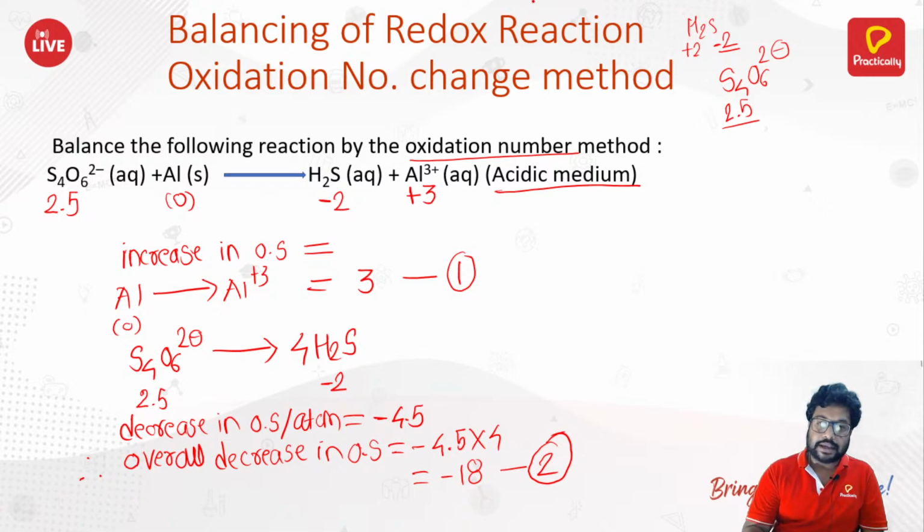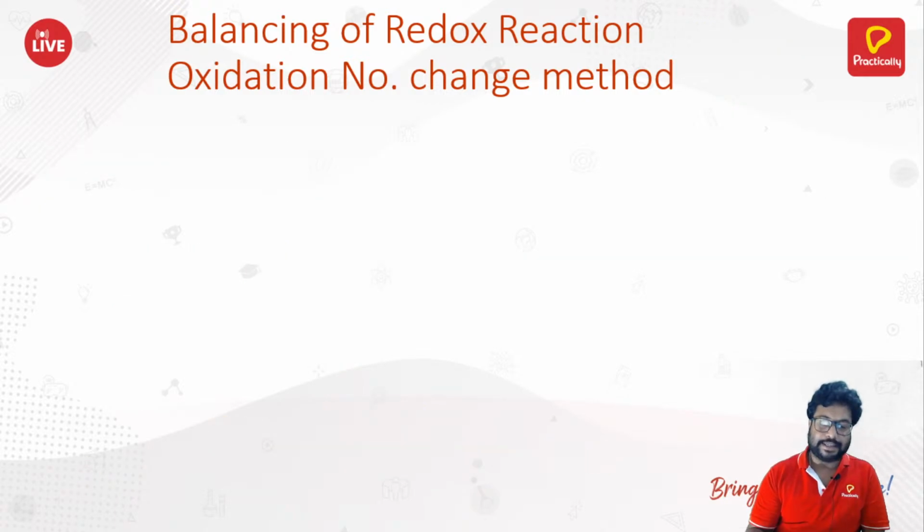Now you need to make increase and decrease in OS same. Remember, then what do you do? You need to multiply equation 1 by 6 and equation 2 by 1. And then obviously adding them together. Now I'm skipping that step. By multiplying 6 and adding, what do we get? Let's see.